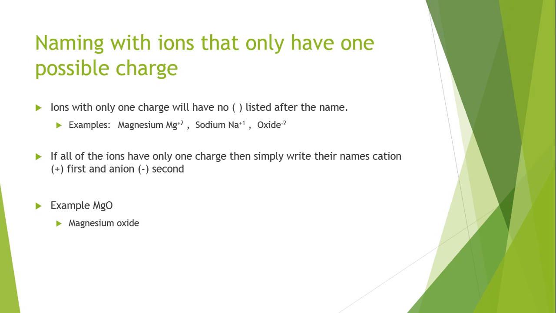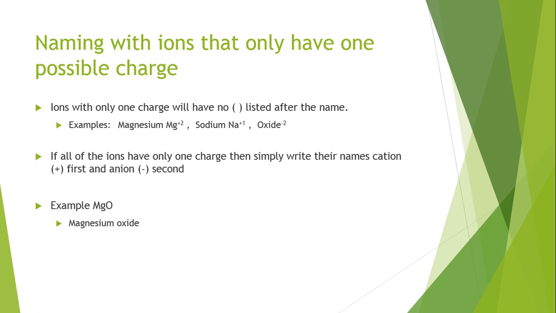So MgO, if we look up magnesium, our Mg, it's magnesium, +2, and the O is for oxide, and a -2. Remember, if there's only one charge, then the charge is going to have to balance out, and so that would tell us the number of atoms involved.